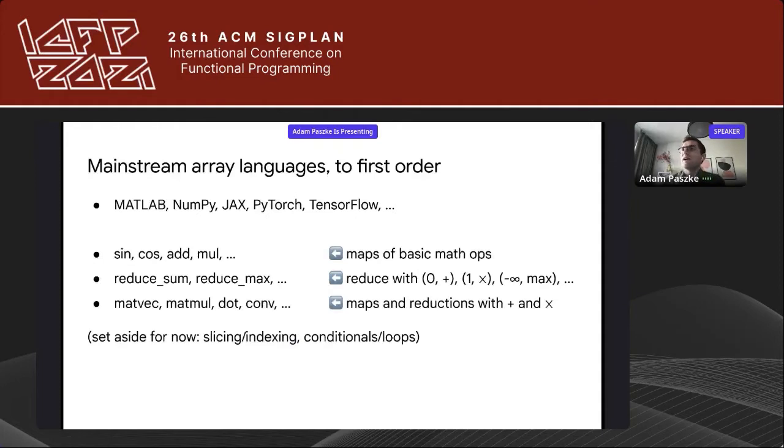So just to start with, most of you are probably aware of what I'm going to say in the first few slides, but just to better motivate the landscape of what's out there and what's not out there.